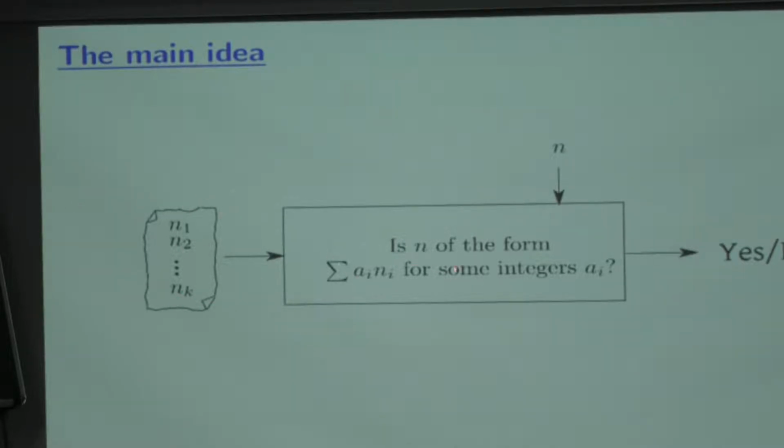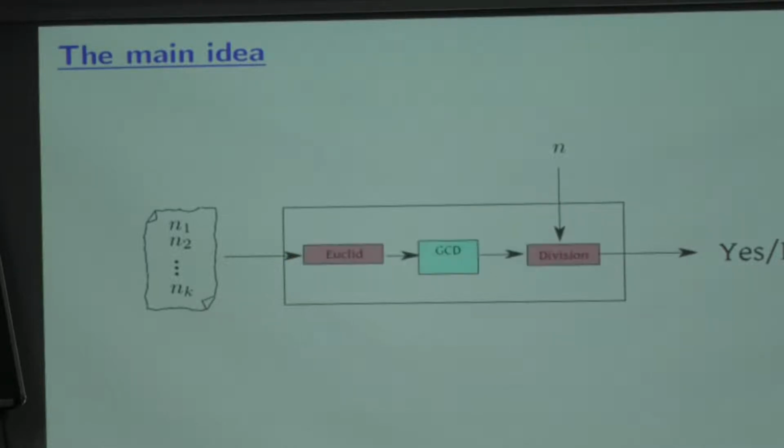That is n of the form summation ai ni for some integers ai, and you are to give an answer yes or no. And then the scheme that we use is the following. We first compute the GCD. There are so many ways of computing the GCD. The standard way is to use just Euclid's algorithm. You use Euclid's algorithm, say that is that long division technique of finding the GCD. You find that and keep it with you. So when I gave 4 and 6, you remember GCD is 2.